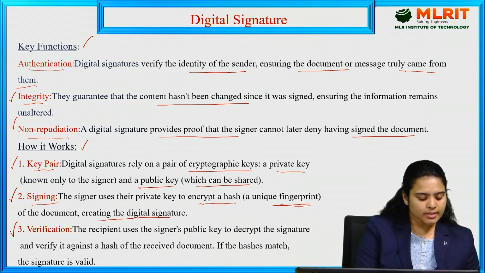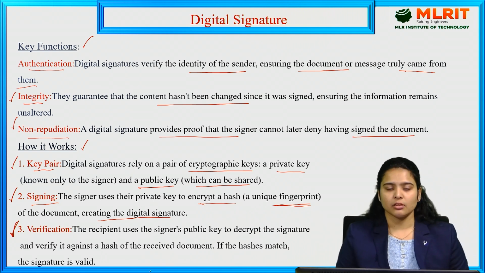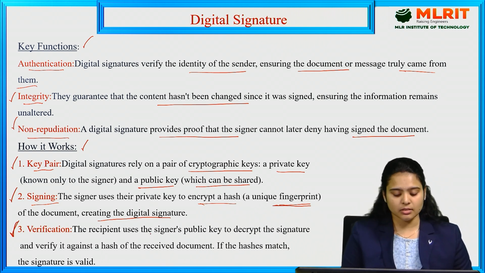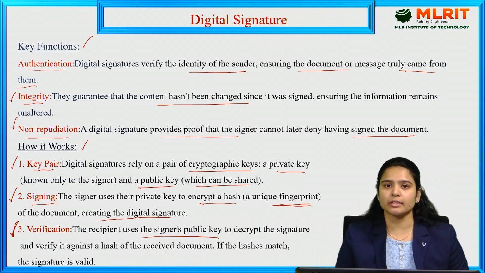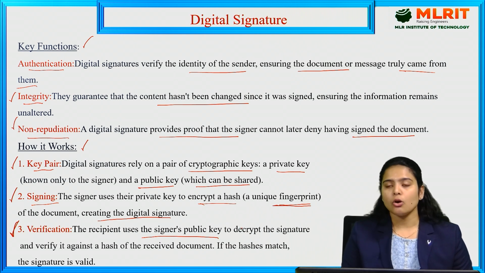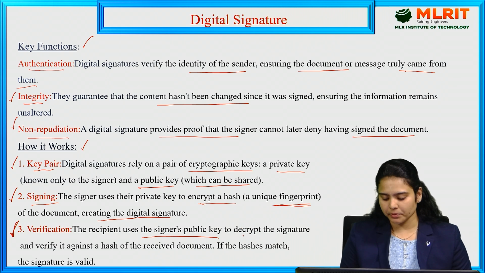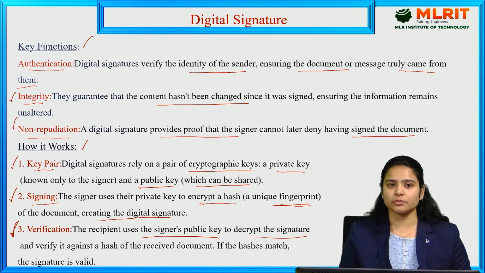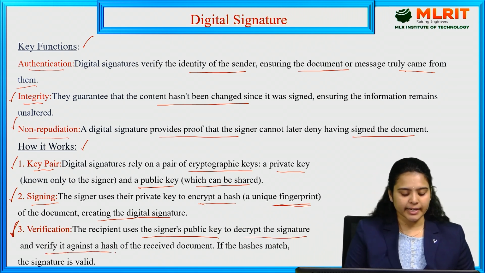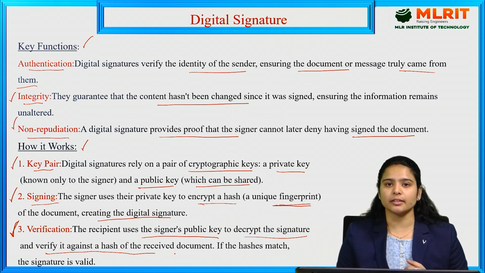The next one is the verification process. Verification uses the public key, while the private key is used for signing. So signing is to encrypt and verification is to decrypt. After decrypting, verify it against the hash of the received document.